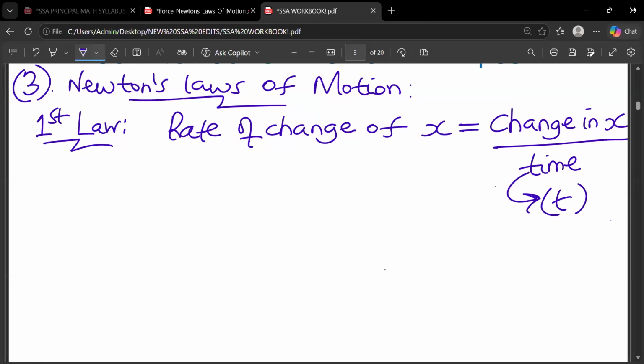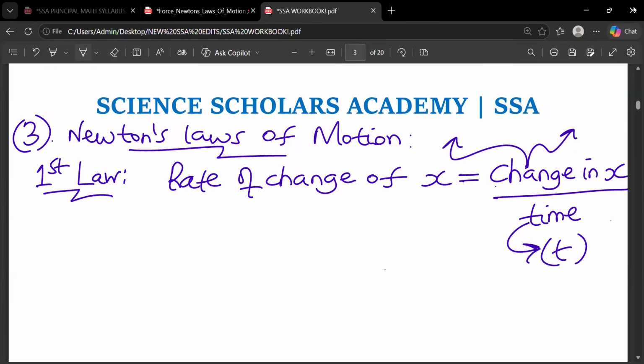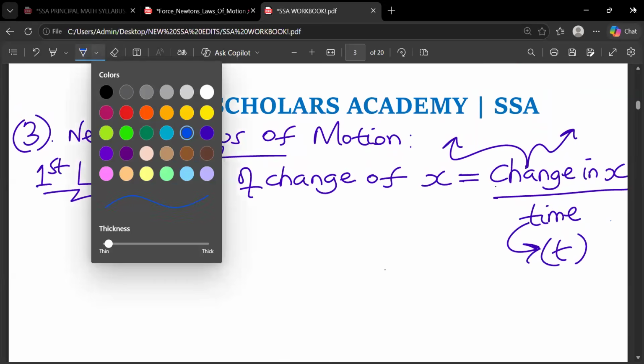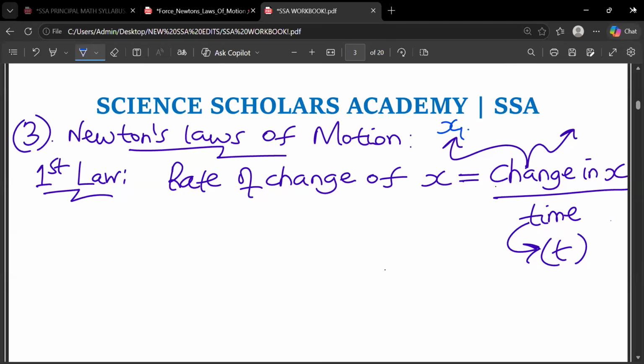So the time is simply t. Then the change of x, maybe from x1, from one value of x, I taught you this also in linear interpolation and then in coordinate geometry, that the change in x, of course change means subtraction. Okay, and I told you that you can either have x1 minus x2, maybe x2 minus x1, whatever you want.